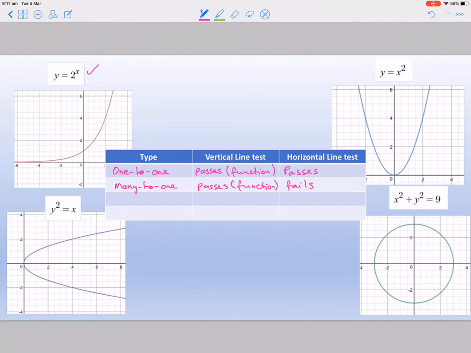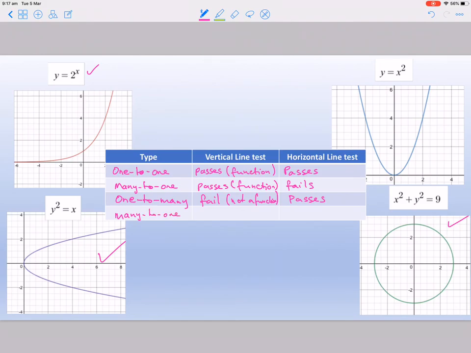The next one we looked at was 1 to many, so one value gives you many results. We know that it fails the vertical line test, so it's not a function, and it actually passes the horizontal line test.